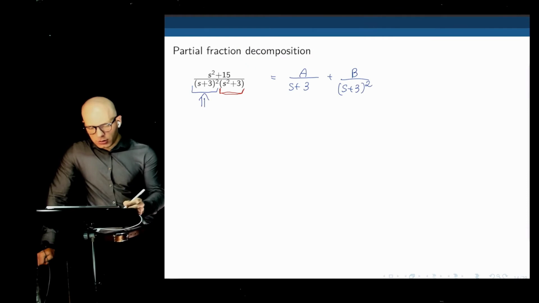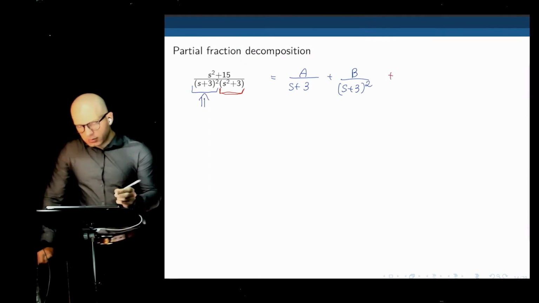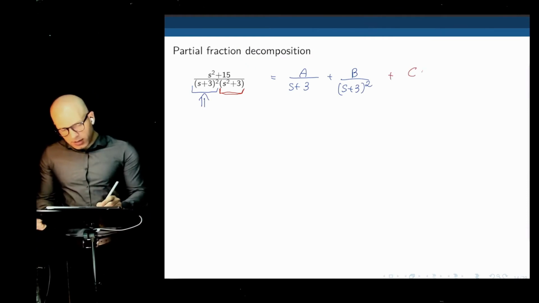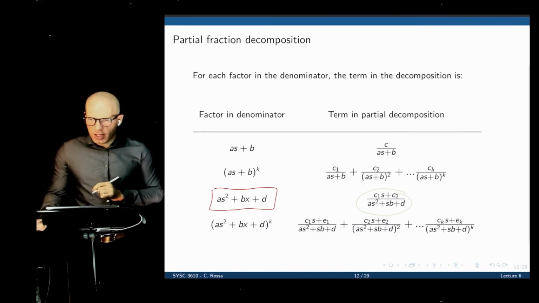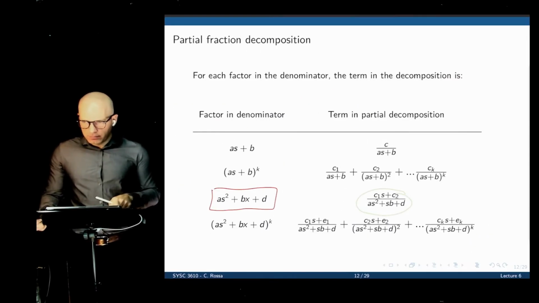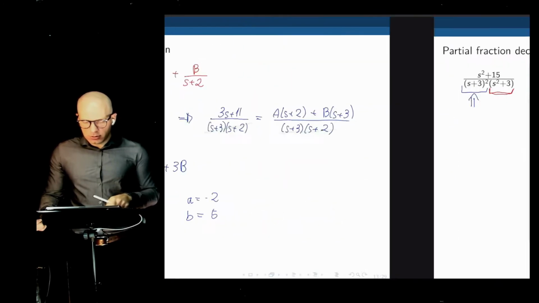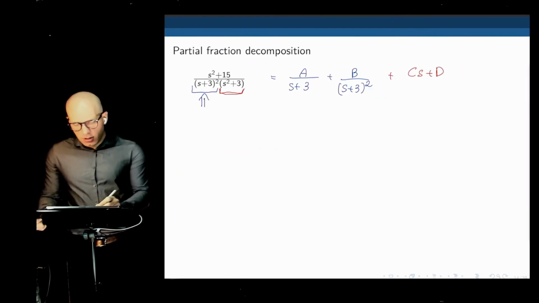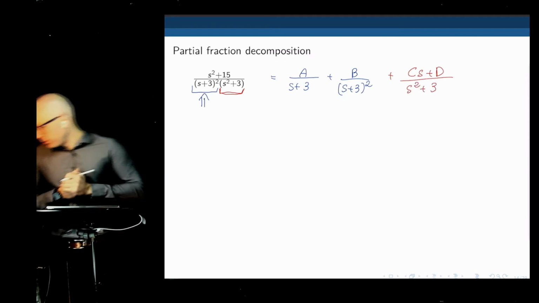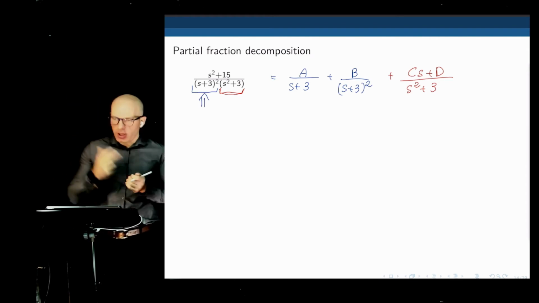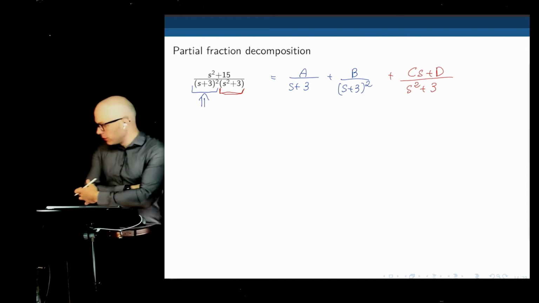So for this one here, we have plus c times s plus d. Let's go back there. You see 2 constants, c1s plus c2. So let's call those c and d here, all divided by the denominator itself, s squared plus 3. Now we have 4 variables to find.